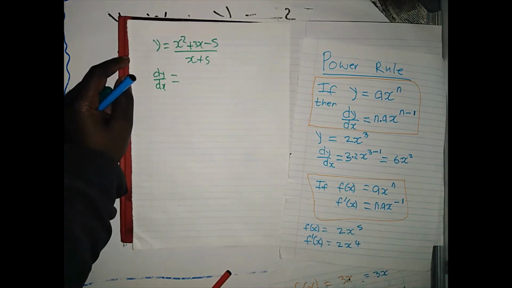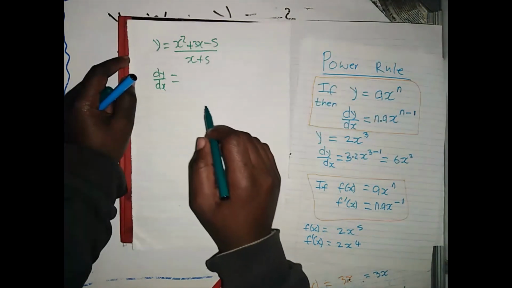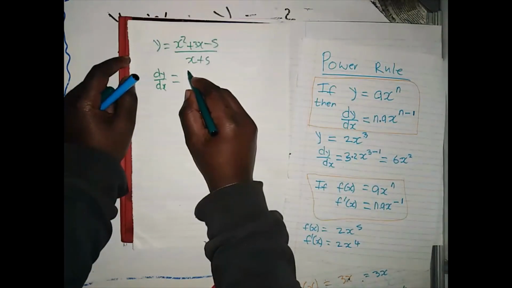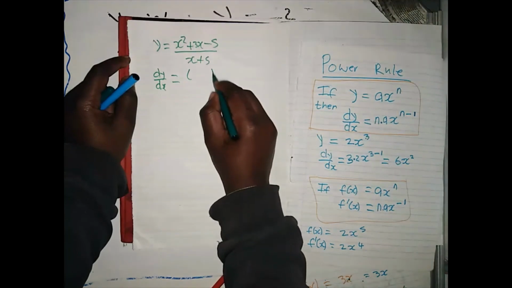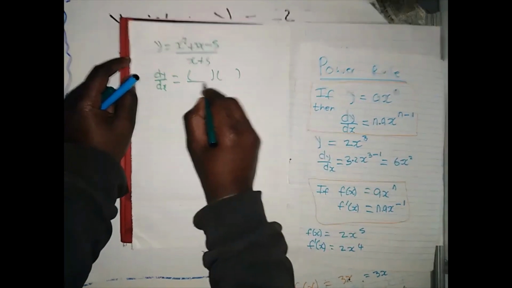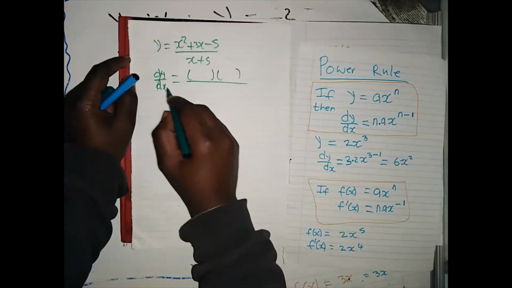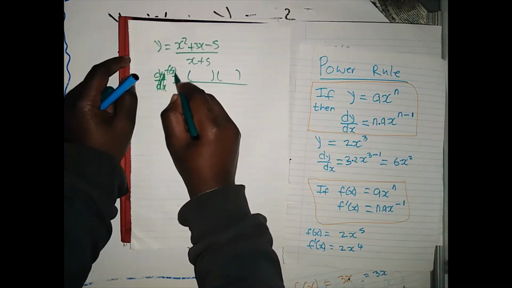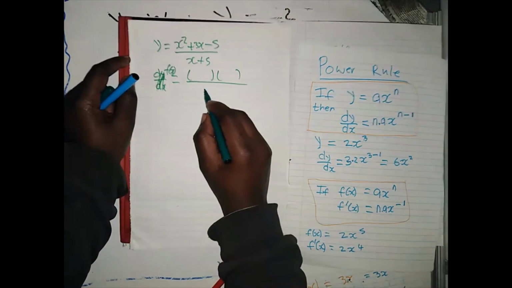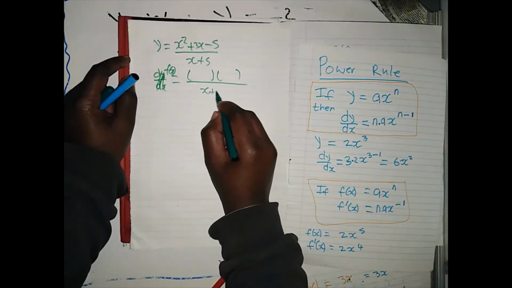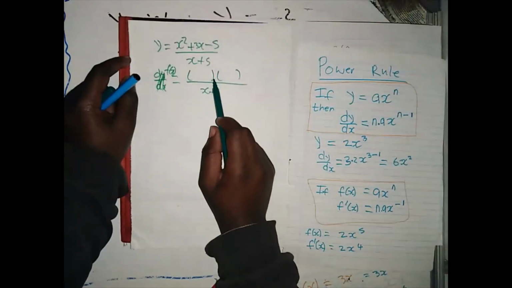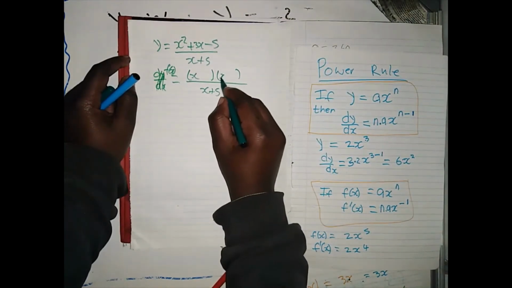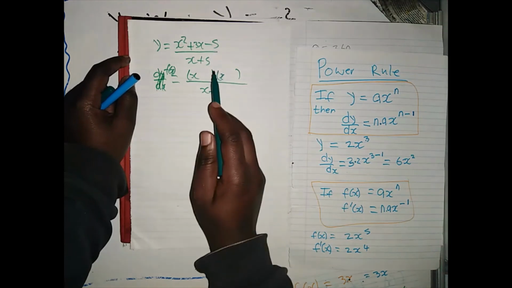If you factorize this thing, you can't find the f at x first because your function is still a fraction. You've got this x plus 5 that was already here. So when you factorize here, this is x and x.